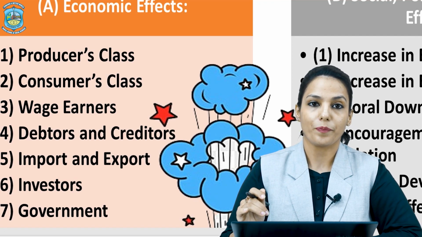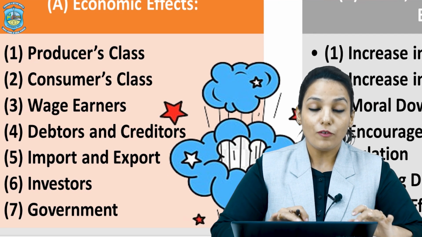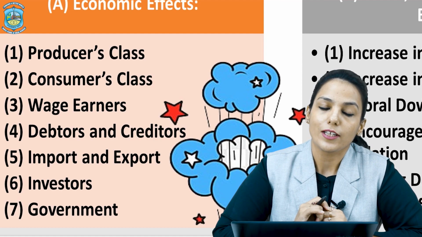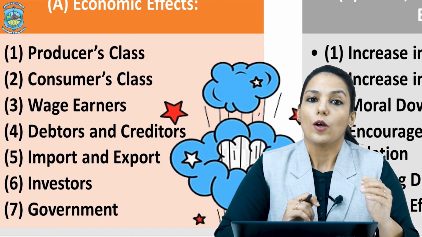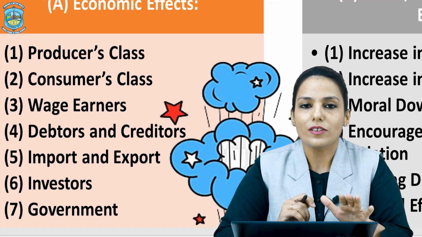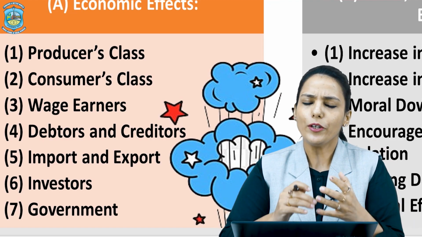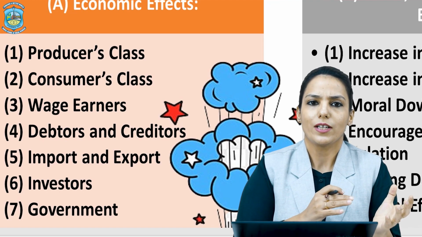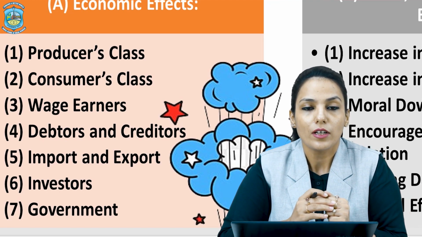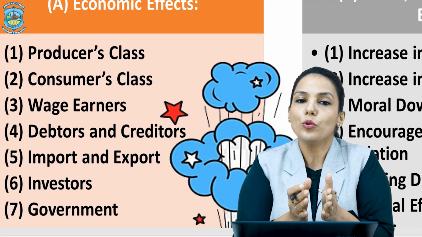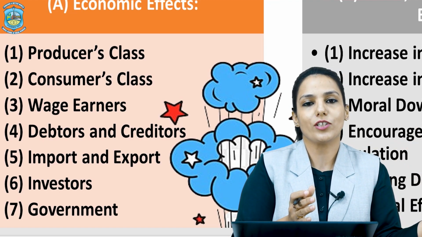The first one is the producer class. When inflation occurs, goods prices increase while production costs stay constant. The reason is that the raw material has already been purchased and output cannot greatly be increased in the short run. So the manufacturer is using the raw material that they have purchased previously.